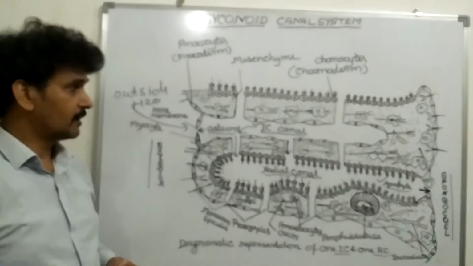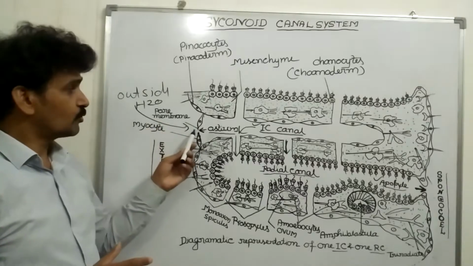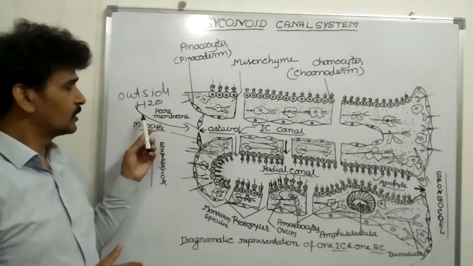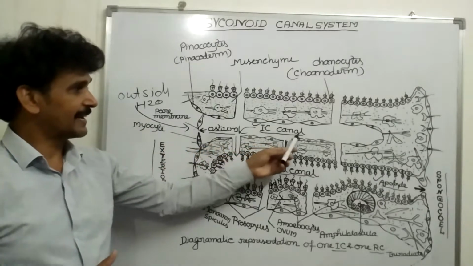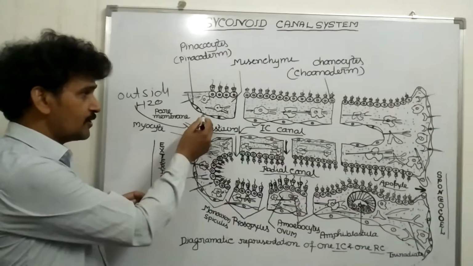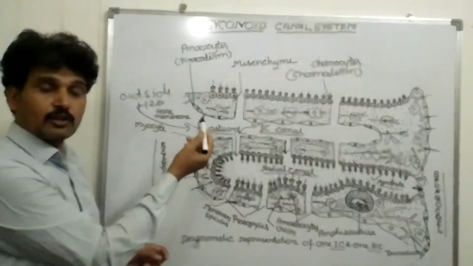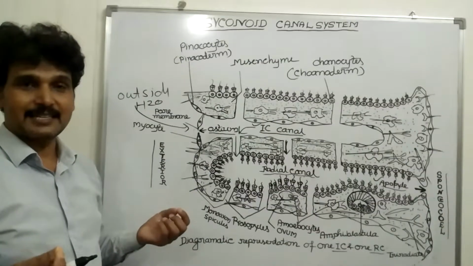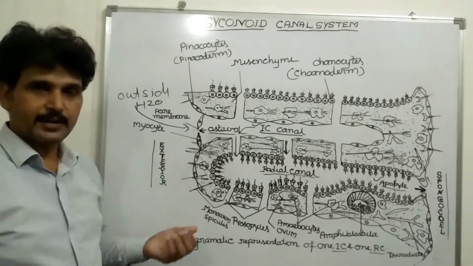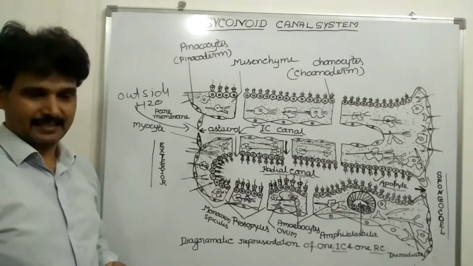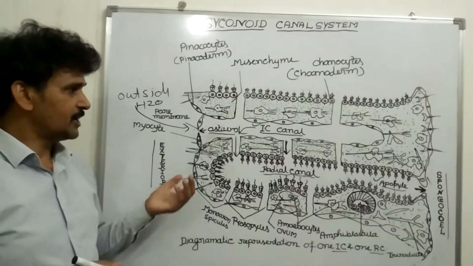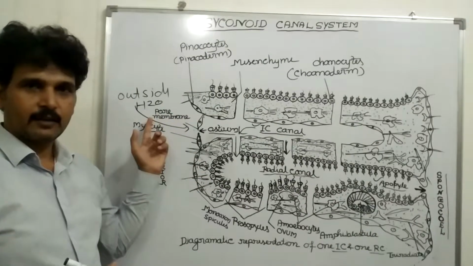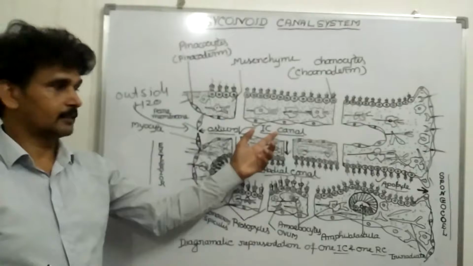The ostia, through which water moves from outside to the in-current canal, is surrounded by myocyte cells. The myocyte is a contractile cell that has the property to contract and relax, and in this way it regulates the flow of water from outside to inside.